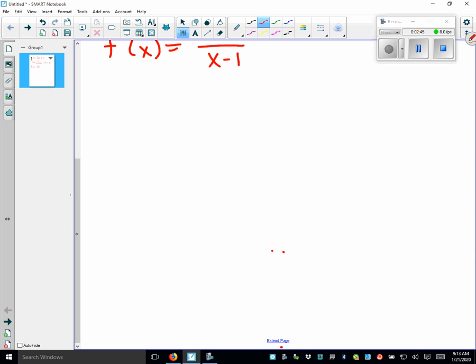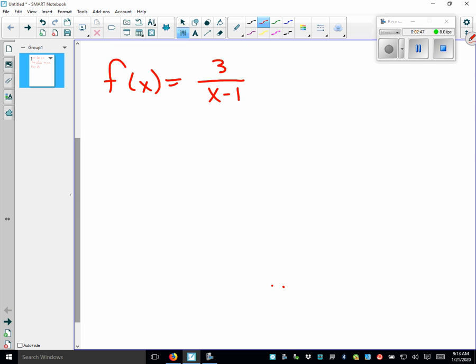What is the horizontal asymptote? You remember the rules? If the top is less than the bottom, it's y equals 0. Well, then guess what? You better study. It's y equals 0.